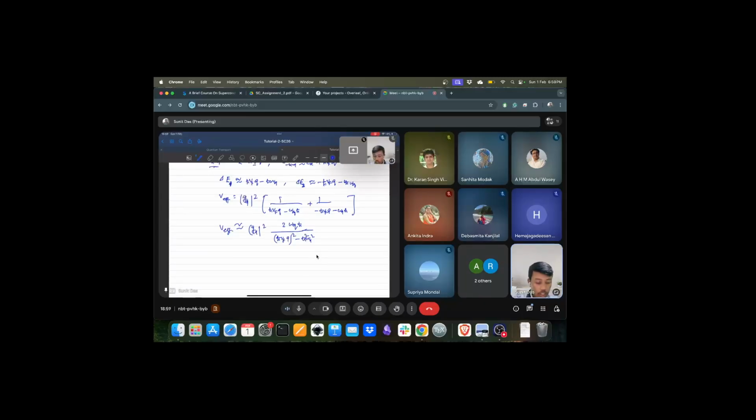This interaction energy or interaction potential can sometimes be negative depending on the phonon frequency, and of course the electronic information is already there within this Fermi velocity, and not only the phonon frequency but also the momentum of the phonon. So depending on these three parameters, V effective can be negative actually. Okay, whenever this is negative, it will be an attractive potential.